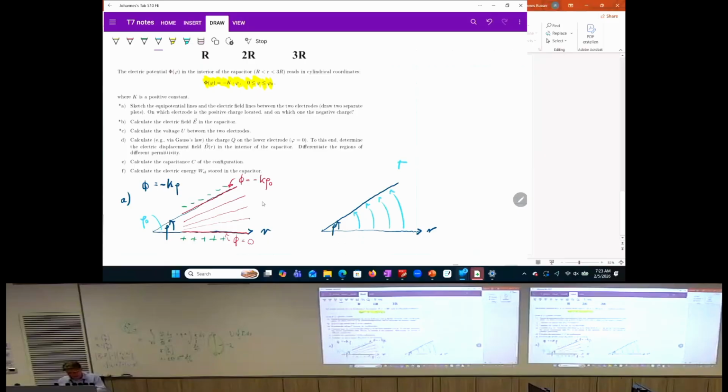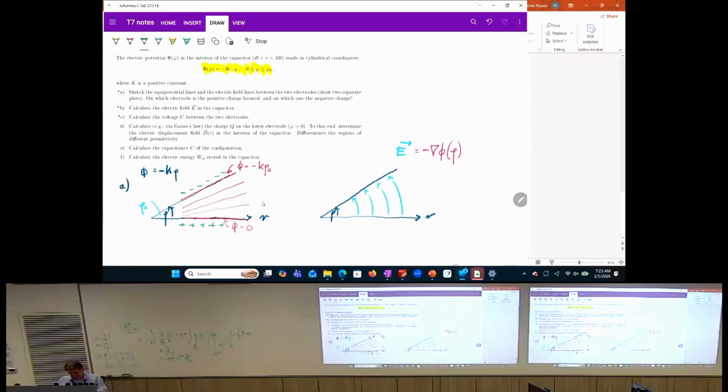And these electric field lines we obtain by taking the negative gradient of the potential function. Also here, of course, the electrode starts here and ends here. That's where our electrodes are. This is our electrode A, and this is our electrode B.